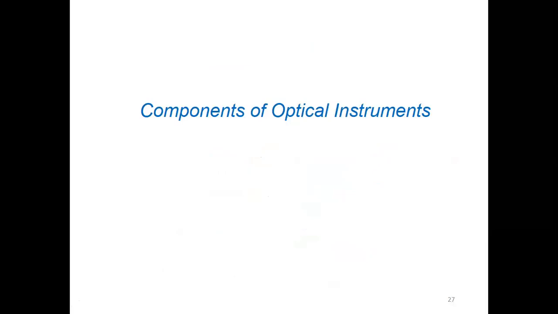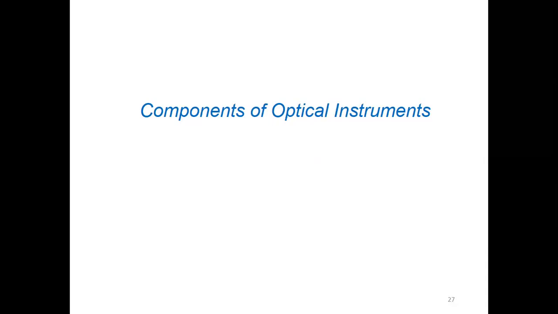Okay, now those things that we have learned so far for 2.5 days are the really basic things. So it is for all instruments. Next, let's discuss the optical instruments.